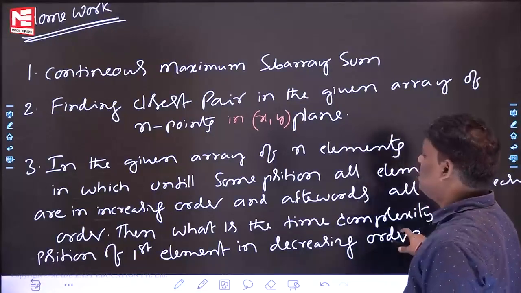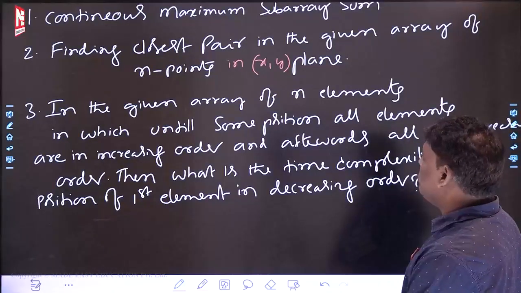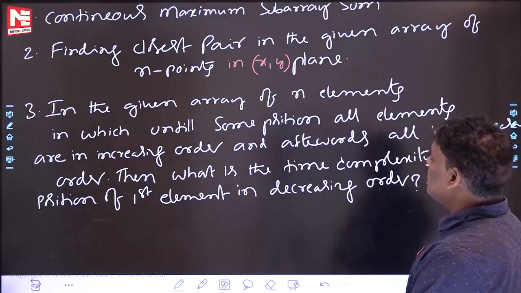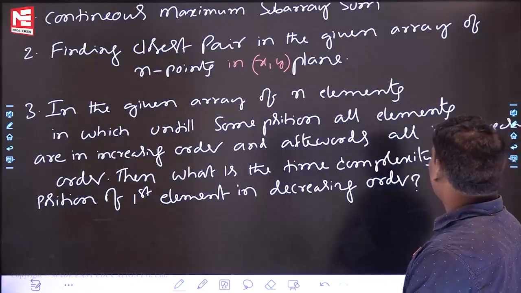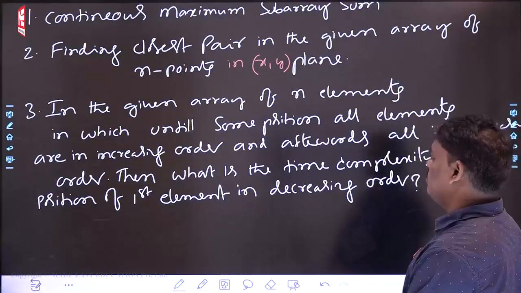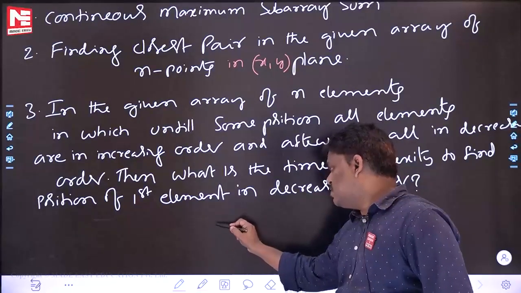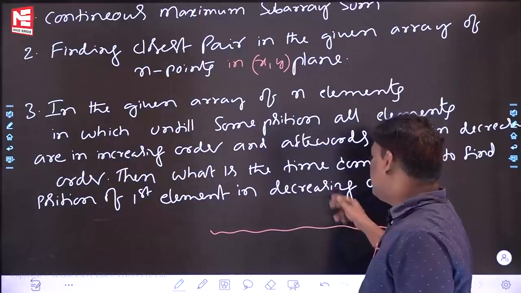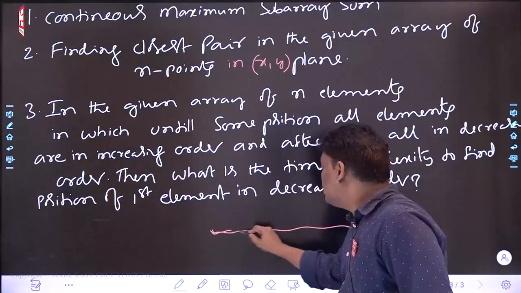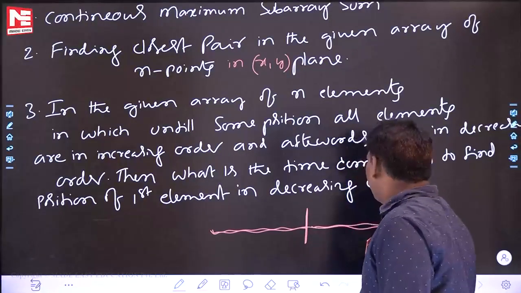3. See the 3. 3 is a very small problem. In the given array of n elements, until some position all elements are in increasing order and afterwards all are in decreasing order. Means there is one array which contains n elements. In this array, all elements are in increasing order until some place and afterwards in decreasing order.